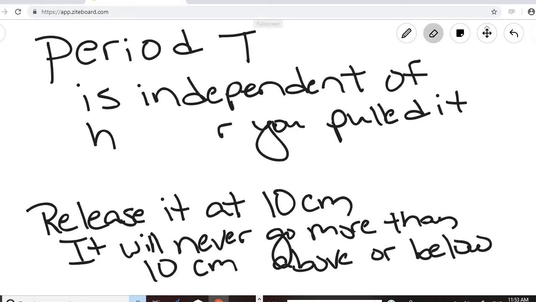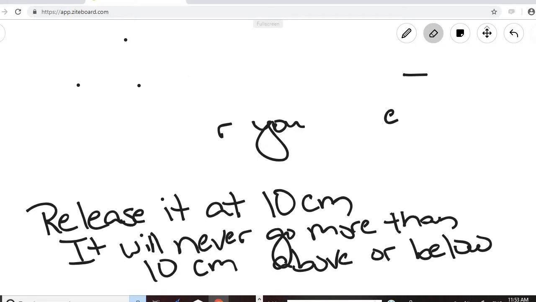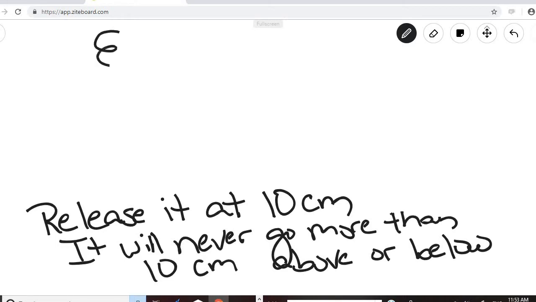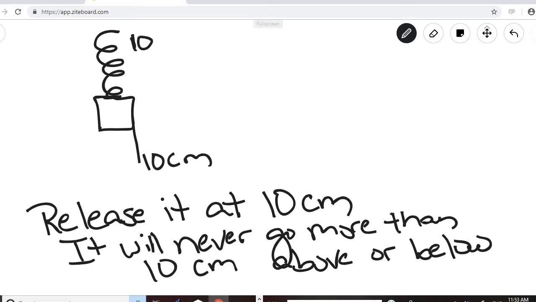So if we have our spring and we have a mass attached to it, and if I pull this down 10 centimeters, when I release it, it's never going to go more than 10 centimeters from the equilibrium position. So if this is the equilibrium position, if I pull it down 10 centimeters, it's never going to go up more than 10 centimeters.